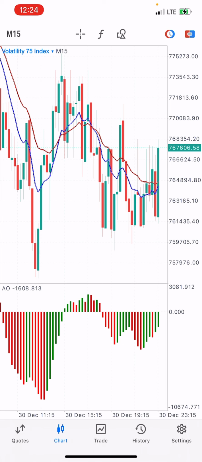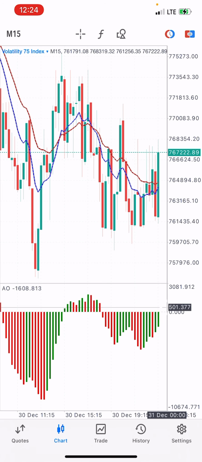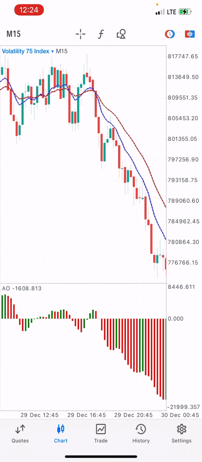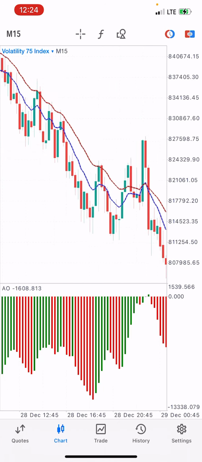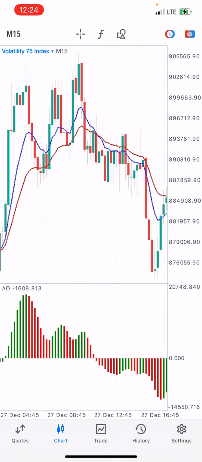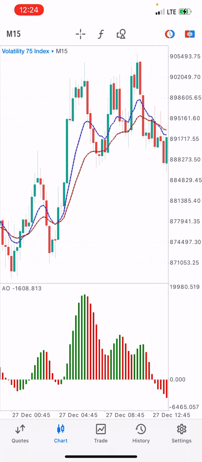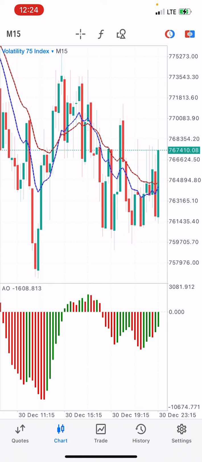The blue moving average is pointing upward, and once it intersects, and the awesome oscillator also crosses above the zero level, then you place a buy. Very simple strategy. The strategy also works for volatility 75 index. You can see it crosses above, it's a sell, continuously. It crosses above, a sell; crosses below, a buy. Once both conditions are met, that is the strategy, guys.